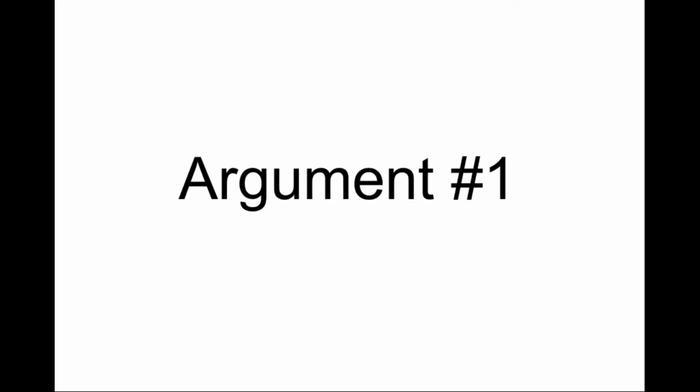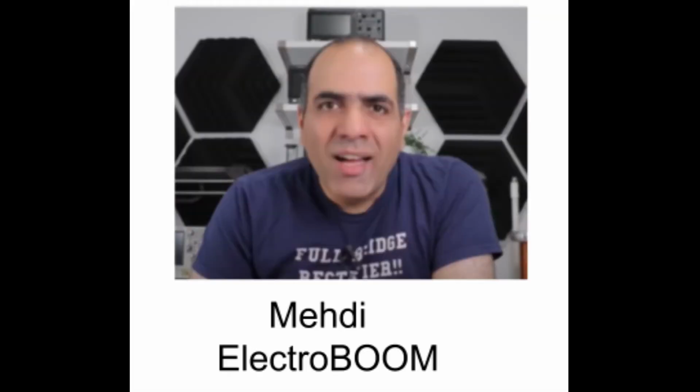So, here are my arguments against Steve Mould. First of all, why does he choose to name the chain fountain effect after him? It just makes him look like he wants free attention, free exposure, and to be famous for some effect that he quote-unquote discovered. In Mehdi's video, he even explains that, as a kid, he and his friends played around with this effect.